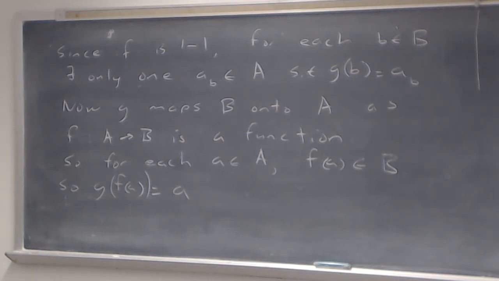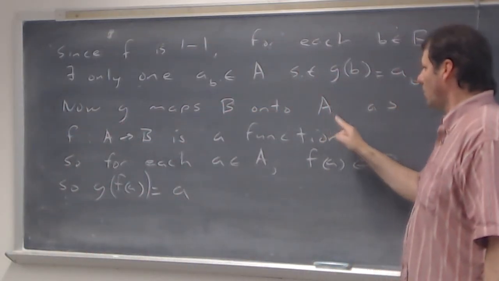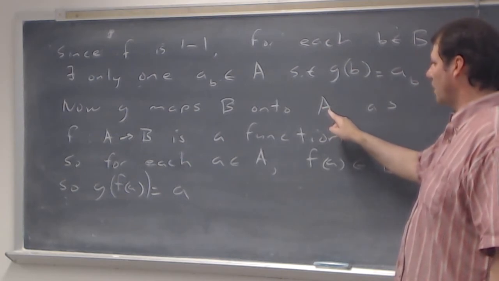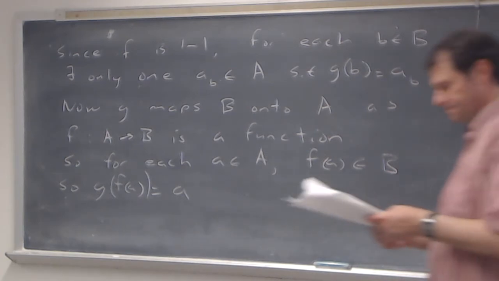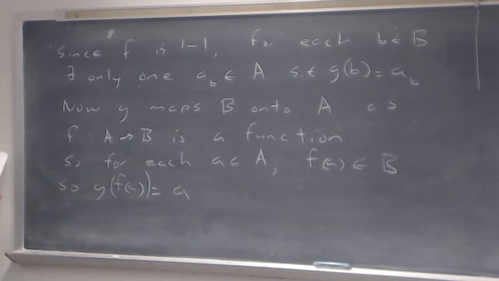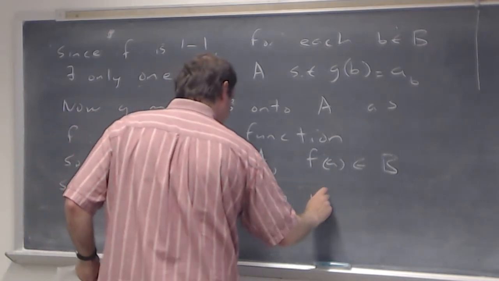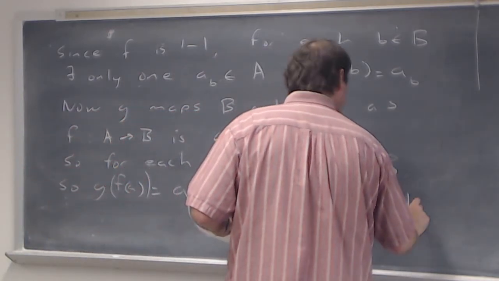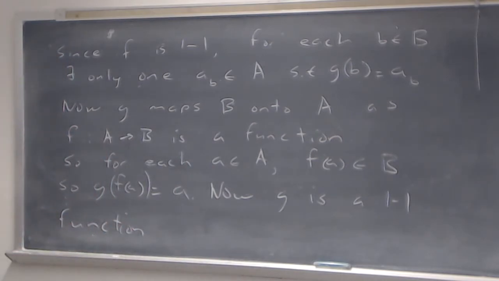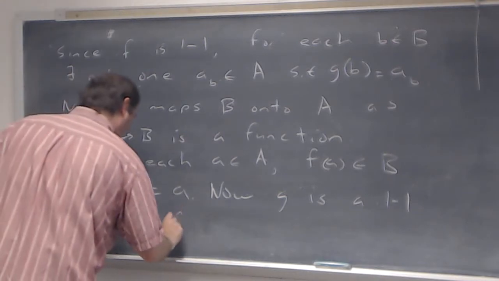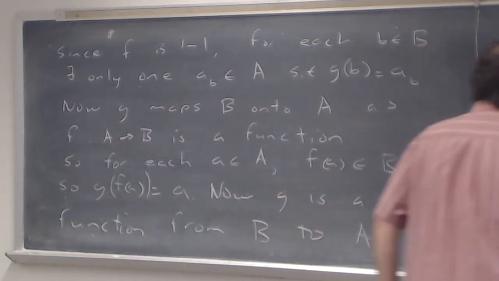So that's how we know that g is onto. You give me something in A, there was something sent to it by g. What was sent to it by g? Well, g grabbed f of a and sent it back to that little a. Now, g is a one-to-one function from B to A, because that's what we're going to be looking at next.